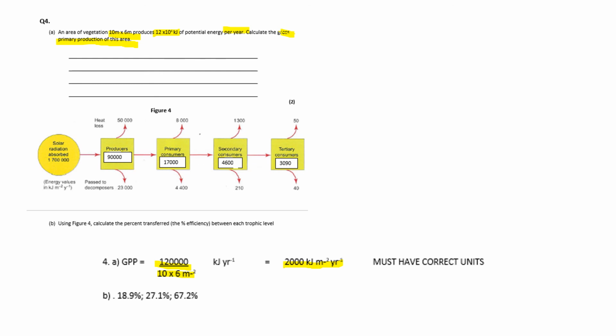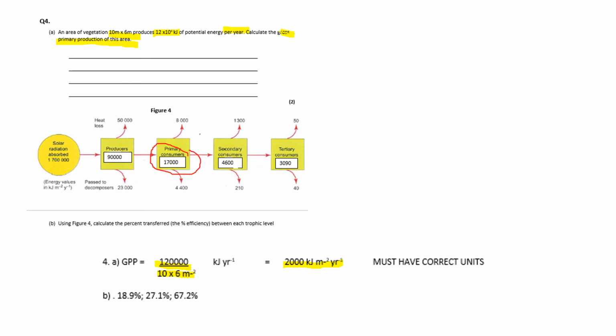In other words, for the first energy conversion from producer to primary consumer, so from the first trophic level to the second trophic level, you take the higher trophic level value, so you take the value of 17,000 and divide that by 90,000.